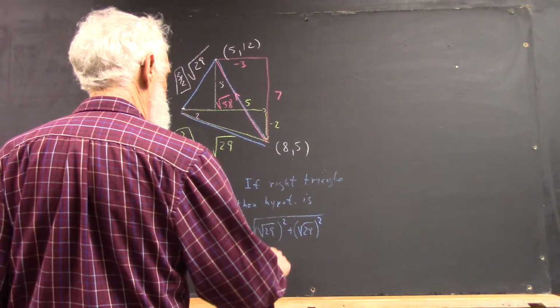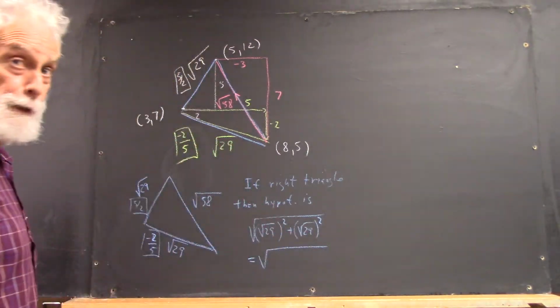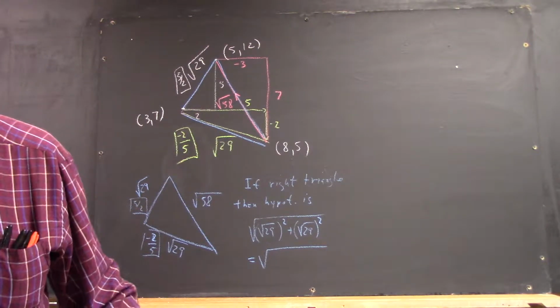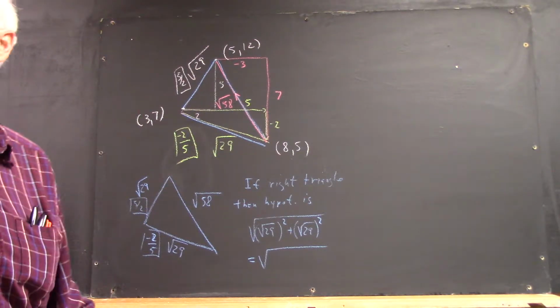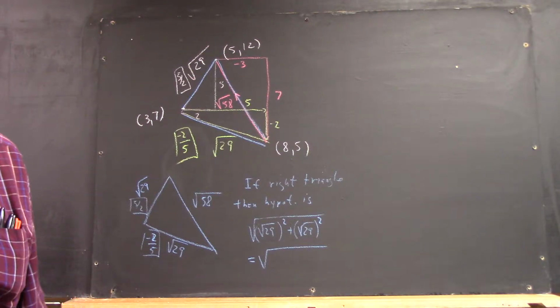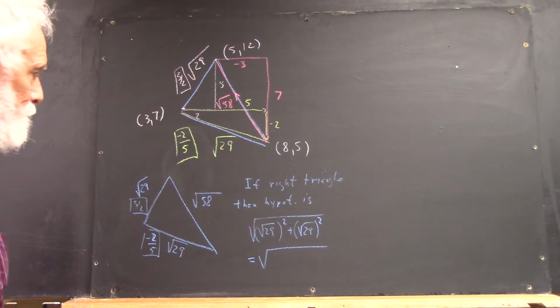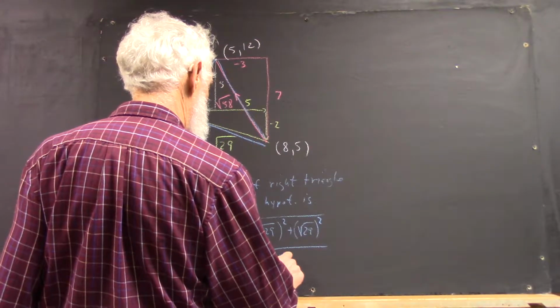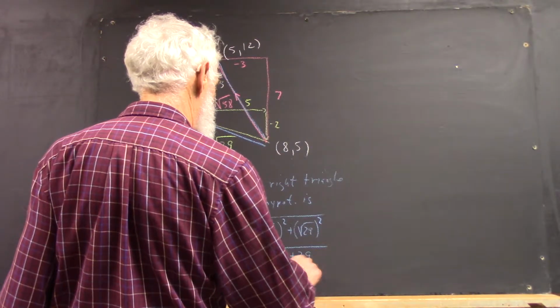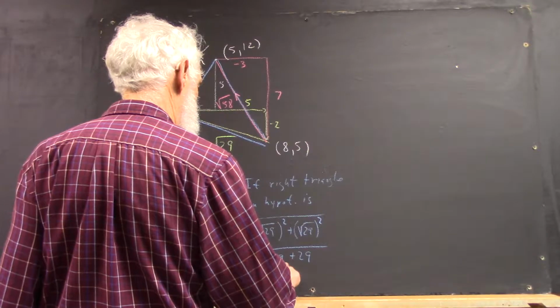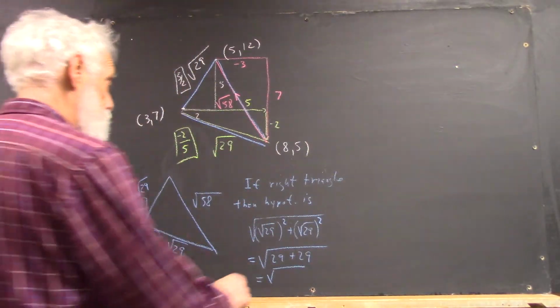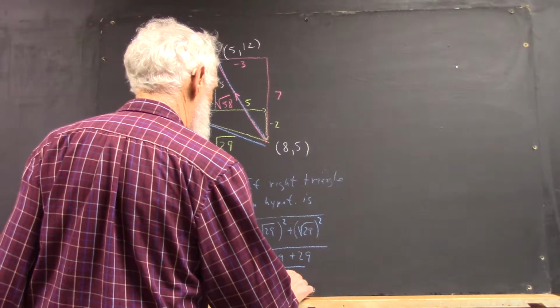Well, the square of the square root of 29? The square and the square root are inverse operations, just like the square root function and the x squared function are inverse functions, provided you restrict the domain of the x squared function. So that's going to give us 29 plus 29. And what's 29 plus 29? 58, isn't it? So we have the square root of 58.